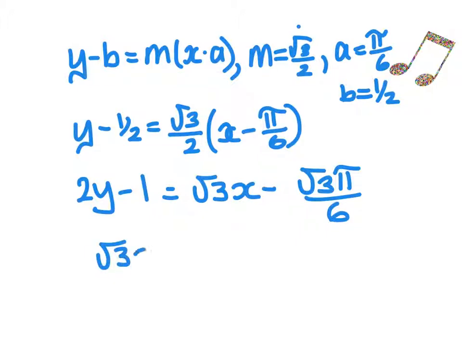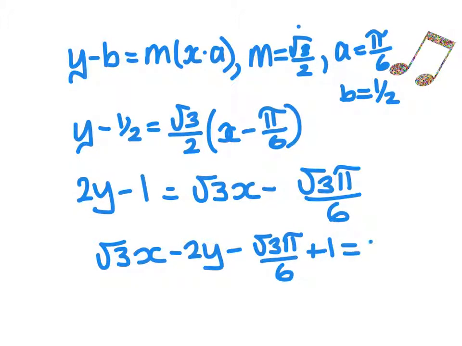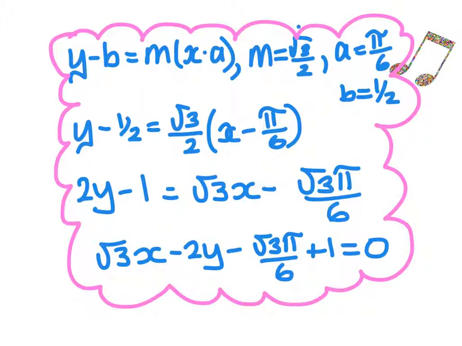So root 3x minus 2y minus root 3 pi over 6 plus 1 is equal to 0. And that's as tidy as we can get this one, really. So we're just going to leave it as that.